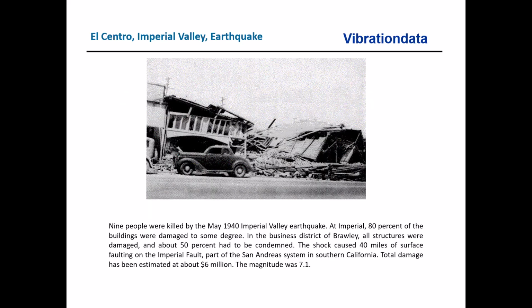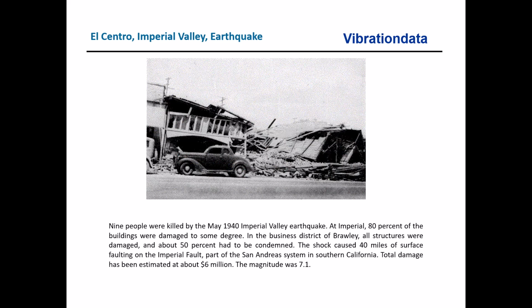So our earthquake today is going to be the El Centro Imperial Valley earthquake. Sad to report that 9 people were killed by this earthquake. At Imperial, 80% of the buildings were damaged to some degree. In the business district of Brawley, all structures were damaged, and about 50% had to be condemned.